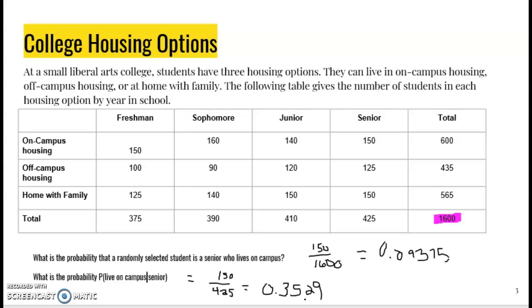So we're breaking it down further and further. With conditional probability, you're given a situation and you need to find the probability of an event happening given something's already taken place. Let's go ahead and look at another one.